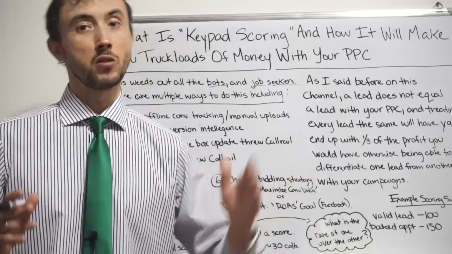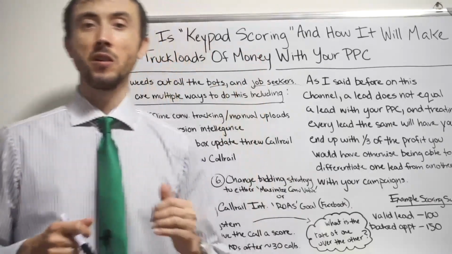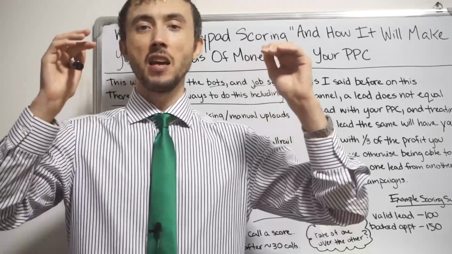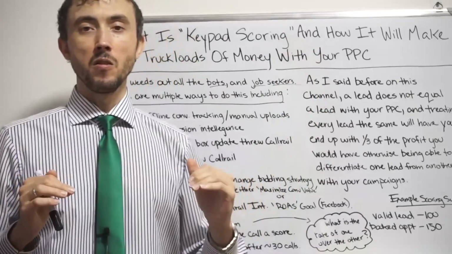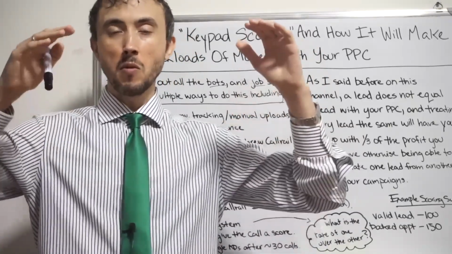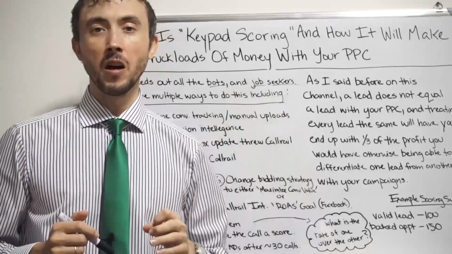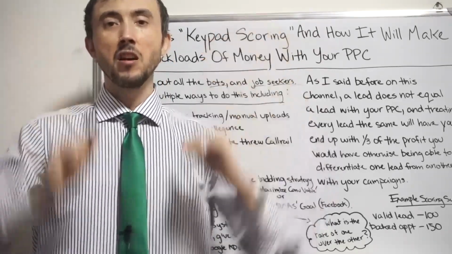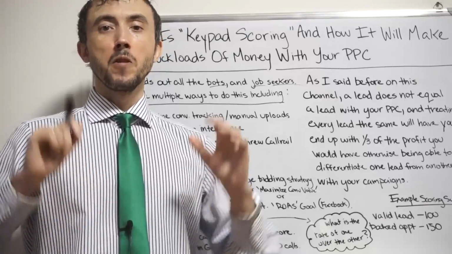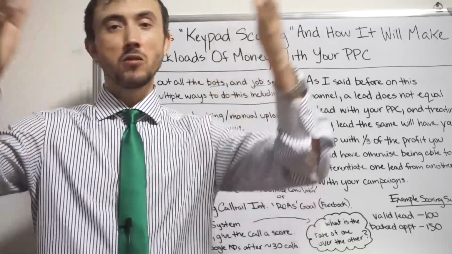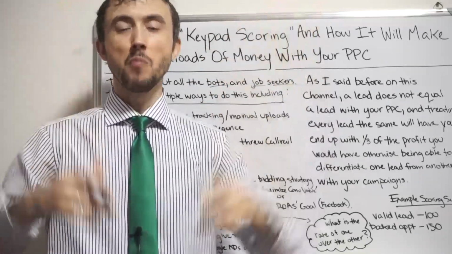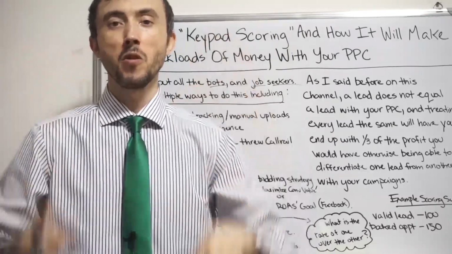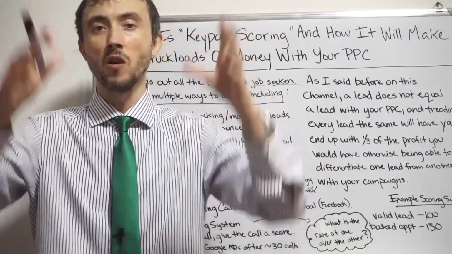Why is that? Because Google, and also Facebook, but mostly Google, has a bidding system, and naturally the places that are the most expensive to advertise and get a click from are going to be the most competitive places. And naturally over time, people are going to gun for the places that are more profitable and have better quality leads.